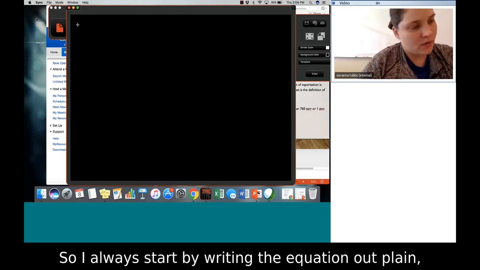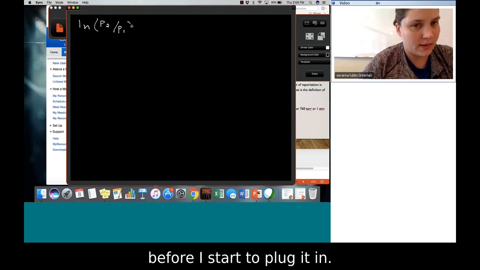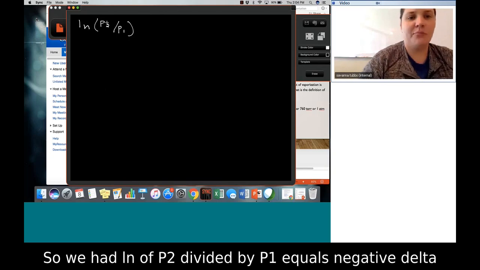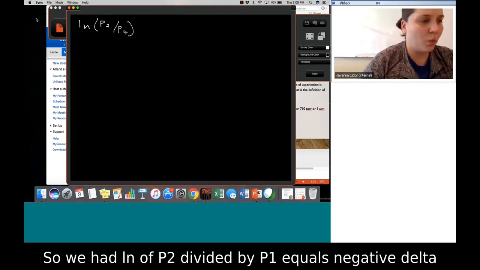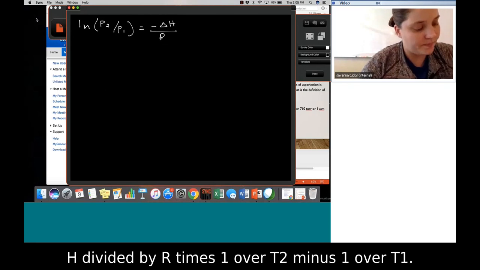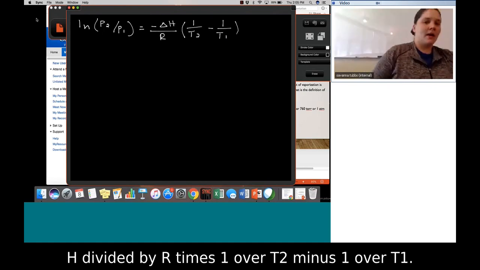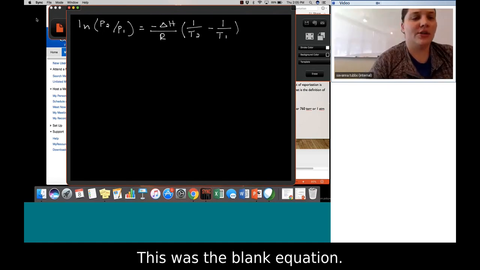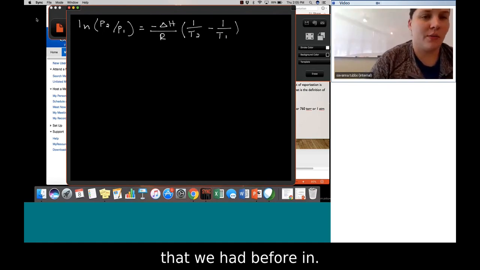So I always start by writing the equation out plain before I plug it in. So we had ln of P2 divided by P1 equals negative delta H divided by R times 1 over T2 minus 1 over T1. So this was the blank equation, and now I'm going to put in all the numbers we had before.